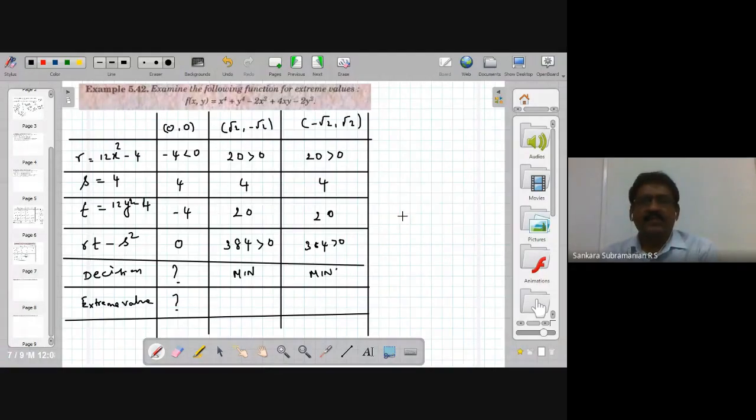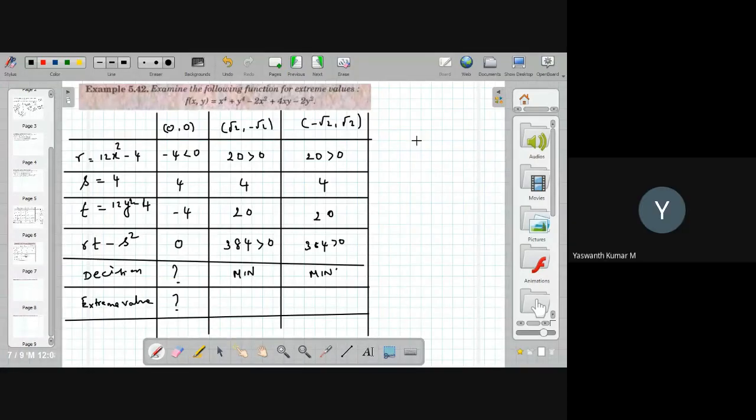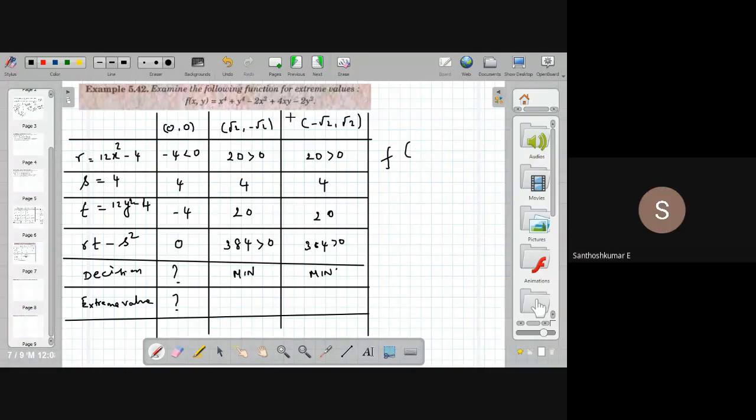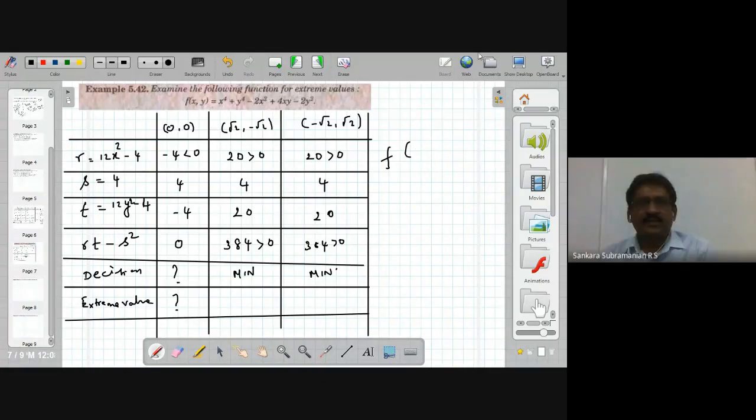So what is the minimum value you will be getting? Please check. So you have f of x comma y. You see this f of square root of 2 and minus square root of 2. You get x to the power 4, this is root 2 means 2, 2 square is 4.